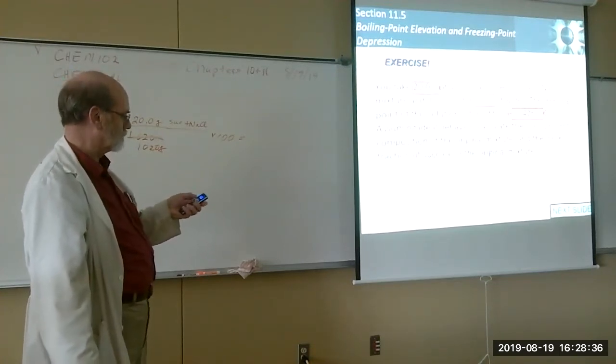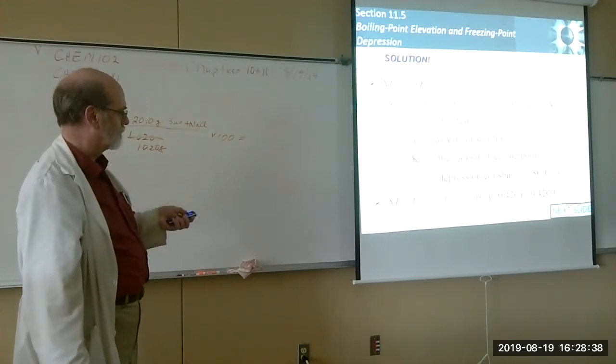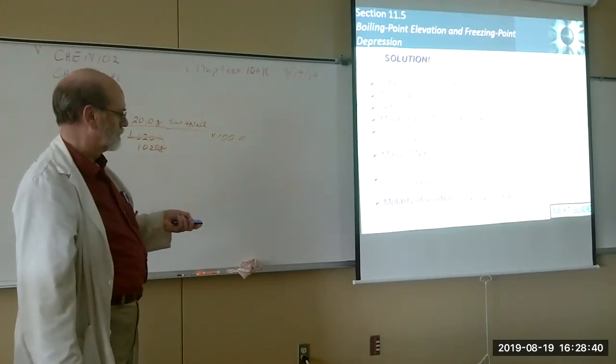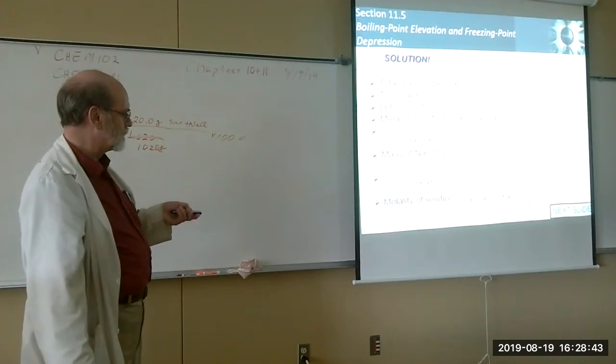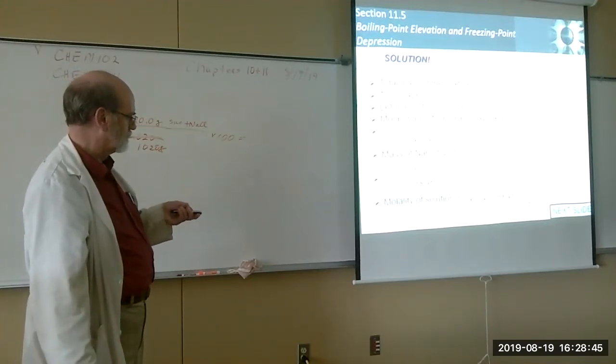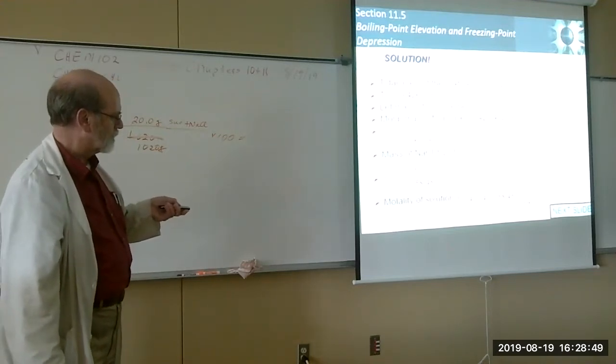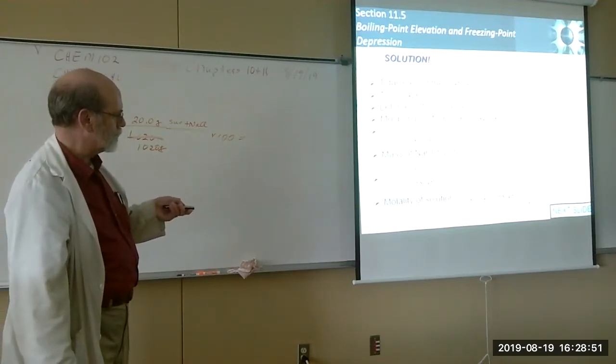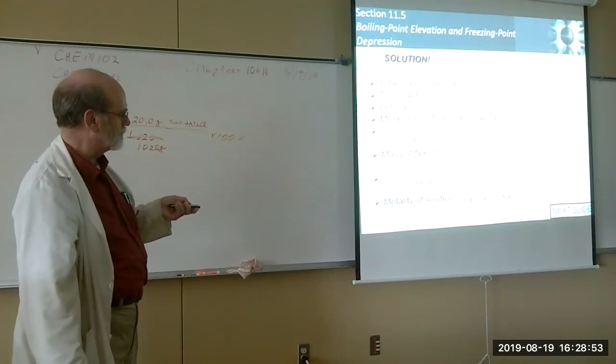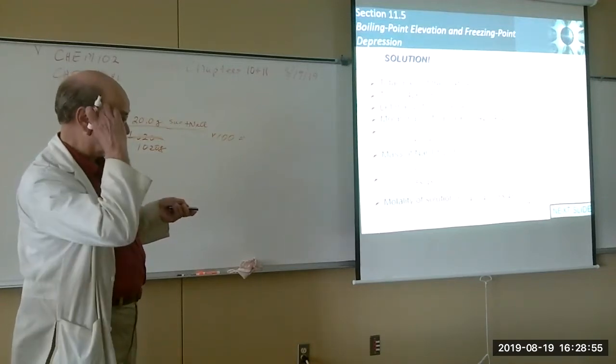Because it's 1 liter. So there's your kilogram, and this is the moles of each one. So this is the molality of the solution, where X is sucrose and 20 minus X is sodium chloride.